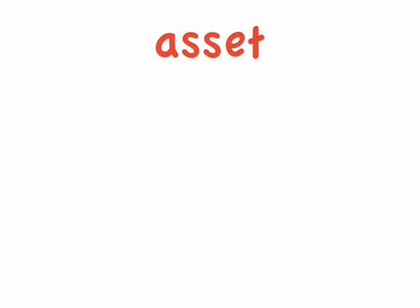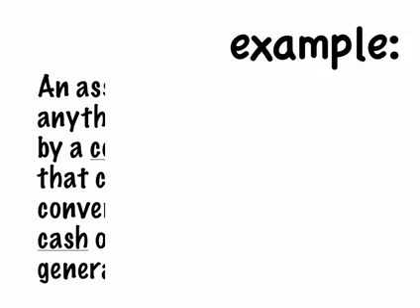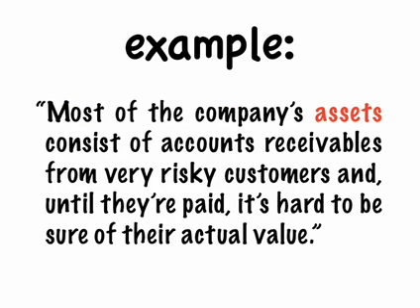Asset. An asset is anything owned by a company that can be converted into cash or used to generate income. Most of the company's assets consist of accounts receivable from very risky customers, and until they're paid, it's hard to be sure of their actual value.